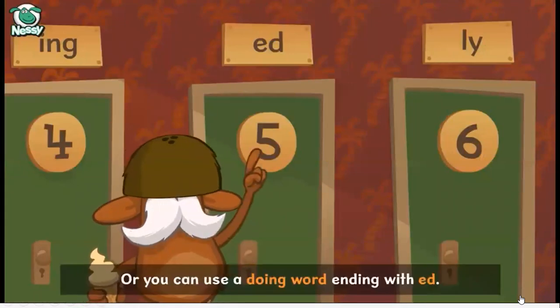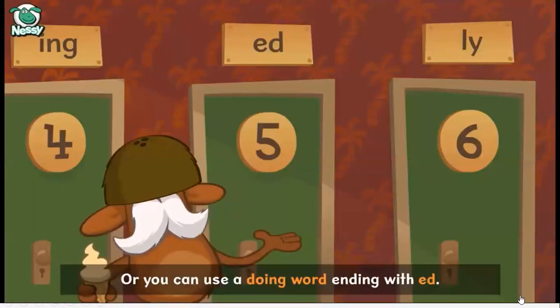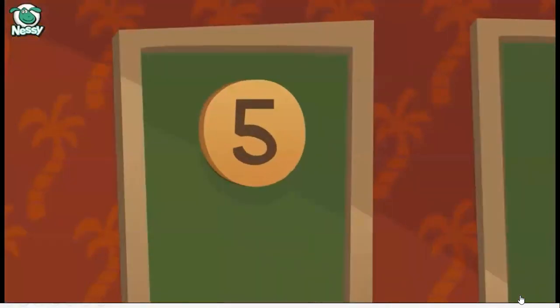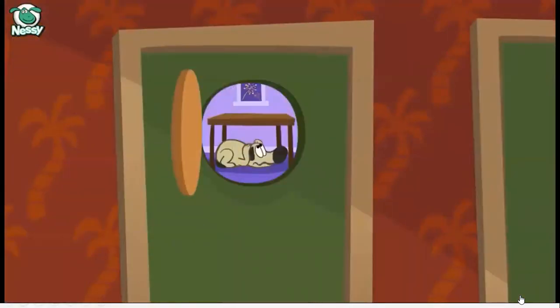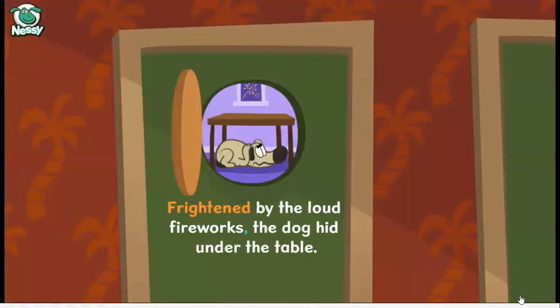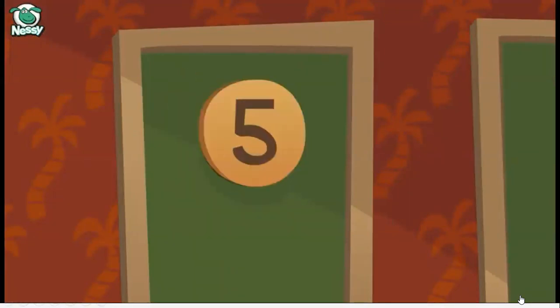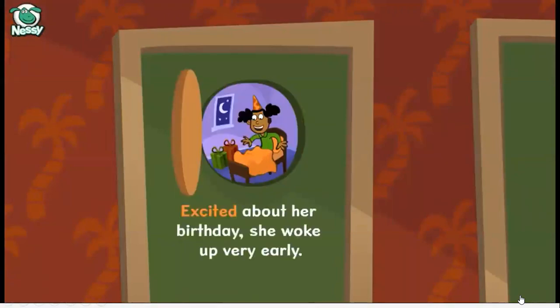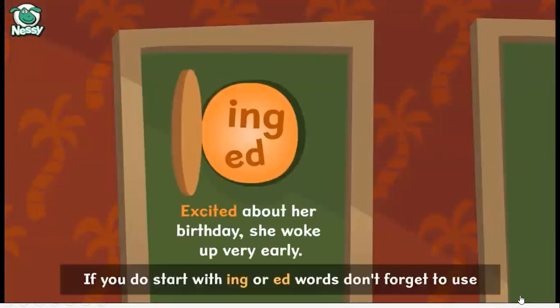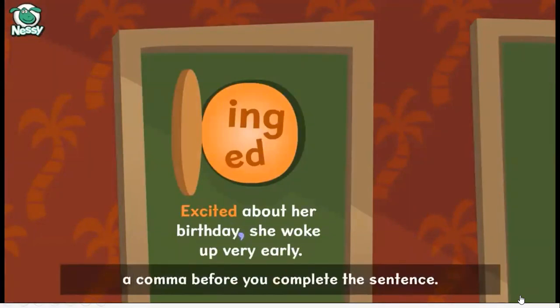Or you can use a doing word ending with ed. Frightened by the loud fireworks, the dog hid under the table. Excited about her birthday, she woke up very early. If you do start with ing or ed words, don't forget to use a comma before you complete the sentence.